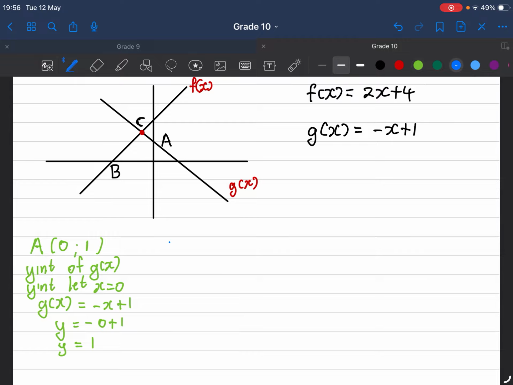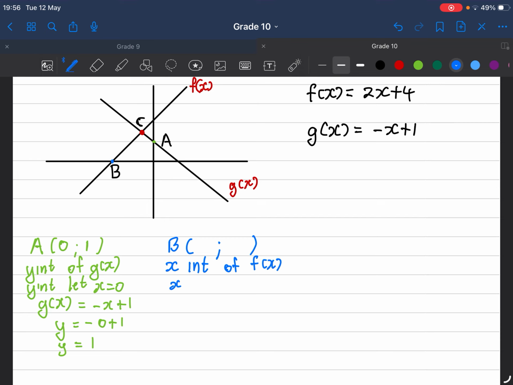What about point B? It's going to be a coordinate again, but this is now on the x-axis. So it's going to be an x-intercept. Intercept means cutting something. So it cuts the x-axis. And it's the x-intercept of the f of x graph.